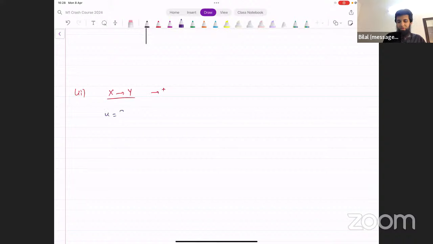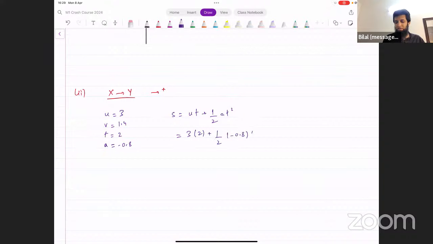Initial velocity was 3. Final velocity we found was 1.4. Time taken was 2. And we also knew acceleration, that was negative 0.8. So you can use any of the constant acceleration formulas, ut plus half at squared, for instance. Just input values. There are 3 into 2 plus half into a, which is negative 0.8 into t squared.